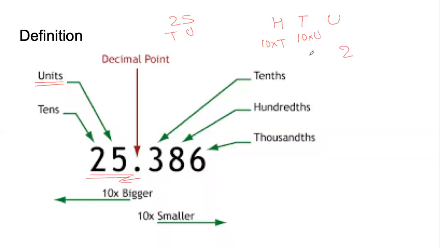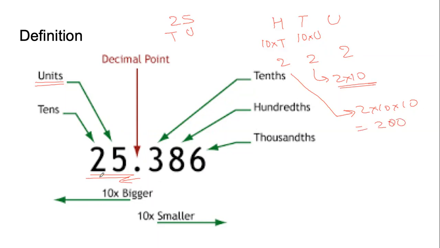But if we have a 2 at the tens place, it means 2 into 10, 20. Similarly, if we have a 2 at the hundreds place, it is not just 2, it is 2 into 10 into 10, which is 100 into 2 equals 200. You know this, it is the hundreds place.